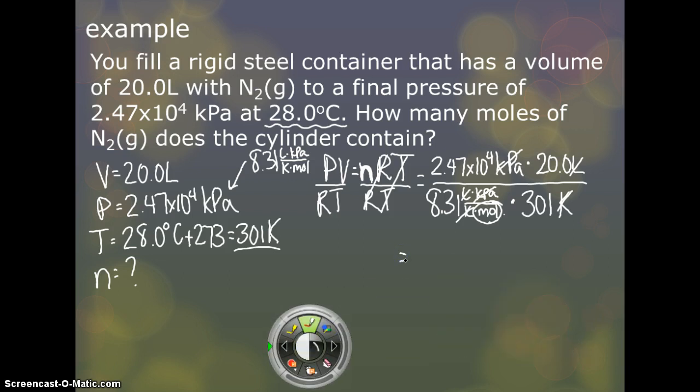Now we can plug in 2.47. Use your E key to save some parentheses: E to the 4th times 20 divided by 8.31 times 301. Using 3 sig figs, you should have gotten 197 moles.